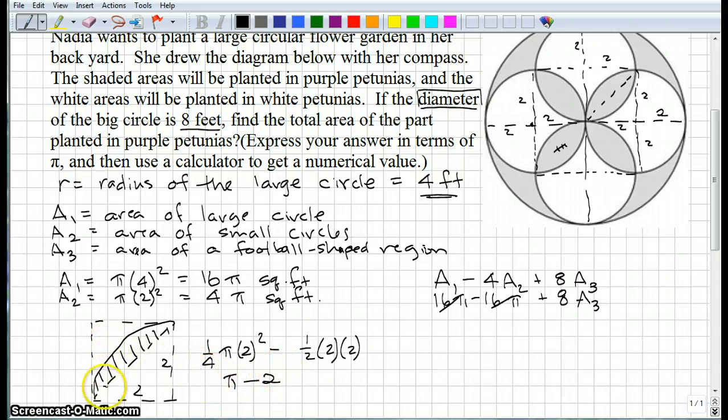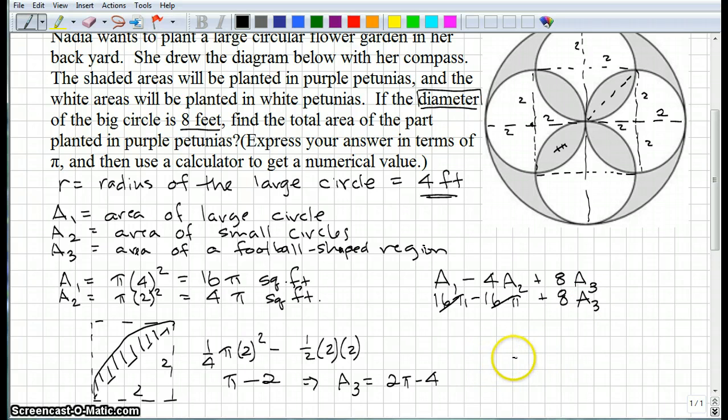So the area of half of the football shape region is pi minus 2, which means the whole football shape, which is A3, is equal to 2 pi minus 4. Alright? So then all we want to find is 8 times the football-shaped region.